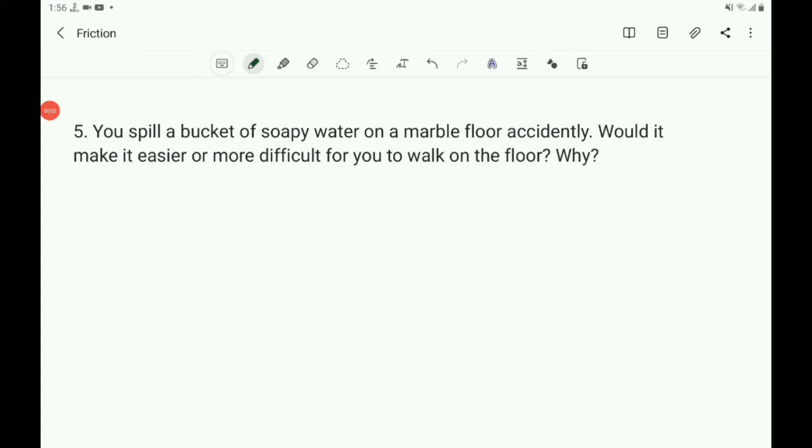Due to the layer of soap, the smoothness of the floor increases and the friction reduces. This makes the floor slippery and the foot cannot make a proper grip on the floor. So it is difficult to walk on a soapy floor and there is a chance of slipping on the floor.